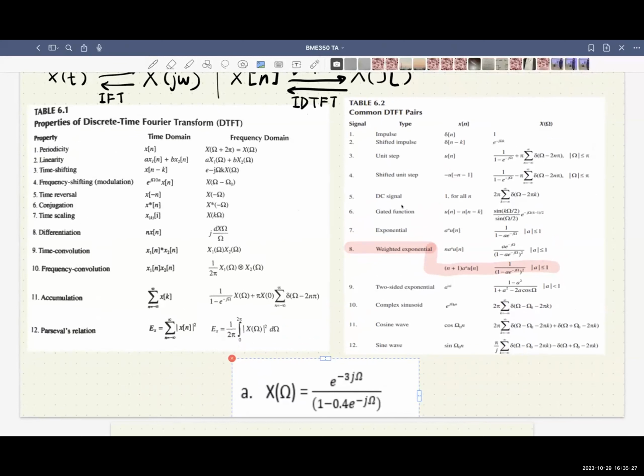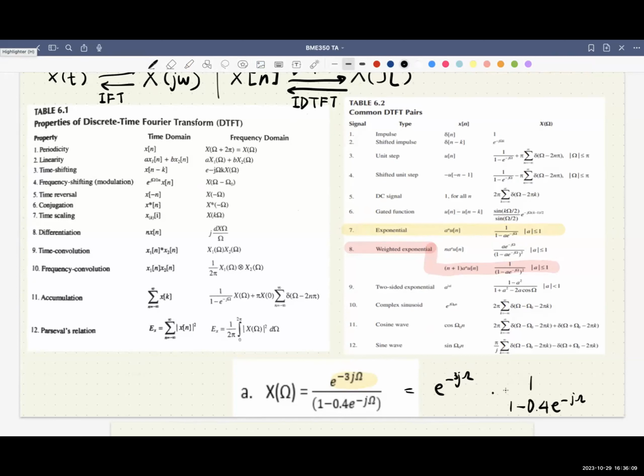I got a chat from somebody. Exponential. Yes, right, Bartu, thank you. It would be number 7, exponential. But do you see something on exponential? It's just gonna be 1 over some terms, right? But what we have is e to the power of something. Therefore, we will break this term down into e to the power of negative 3j omega times 1 over (1 minus 0.4 e to the power of negative j omega).